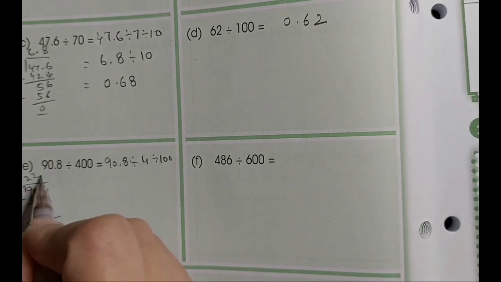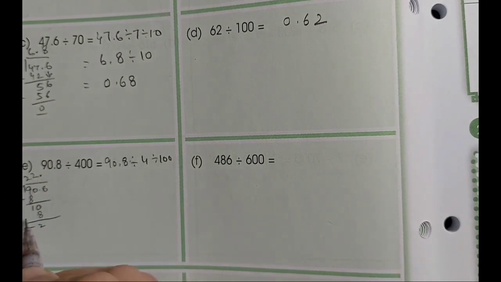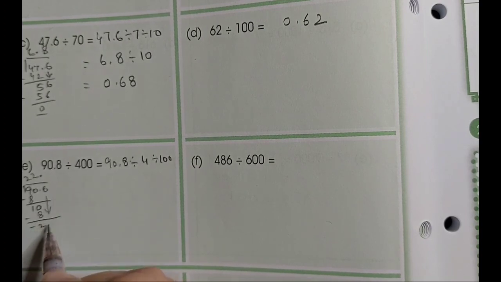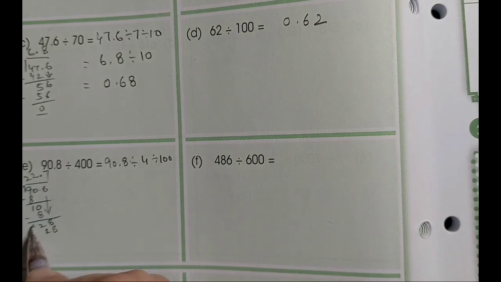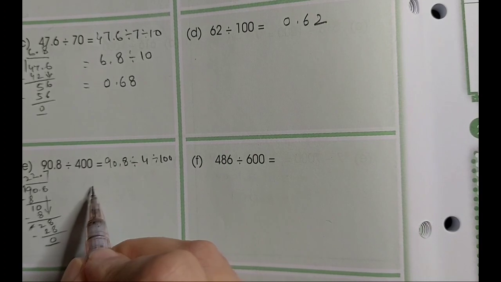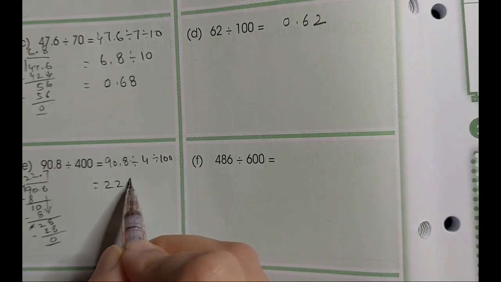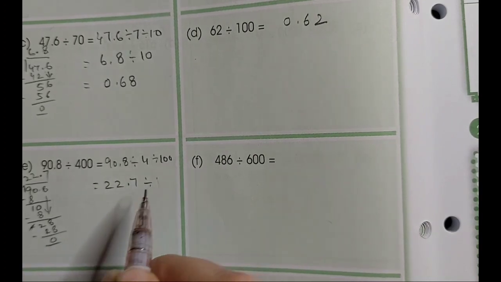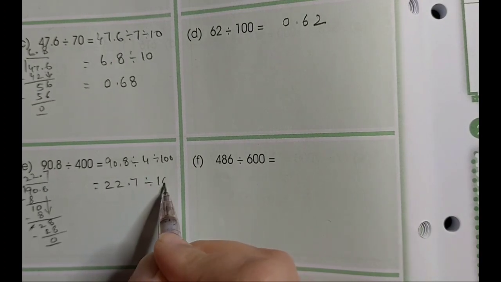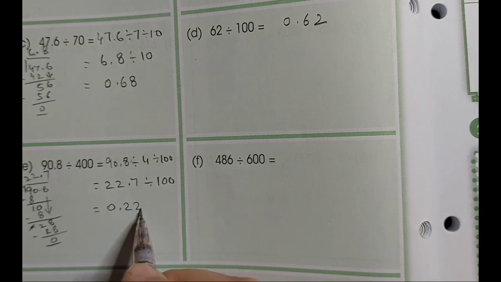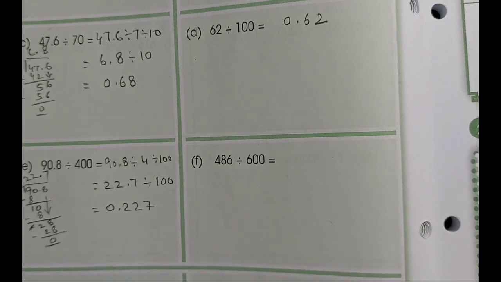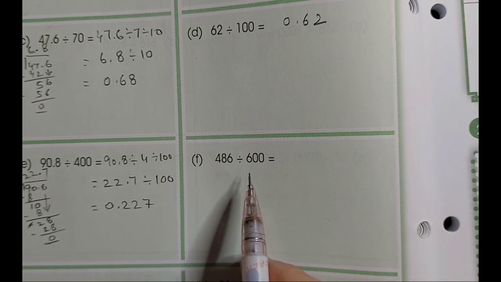Okay, now put point here, 2 here, and then we have to carry down this 8. 4 7s are 28. So it will become 0. So our quotient will become 22.7 divided by 100. So how many decimal places do we have to shift? 2 decimal places. It will become 0.227.